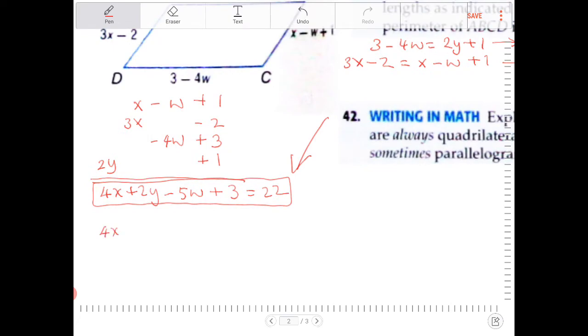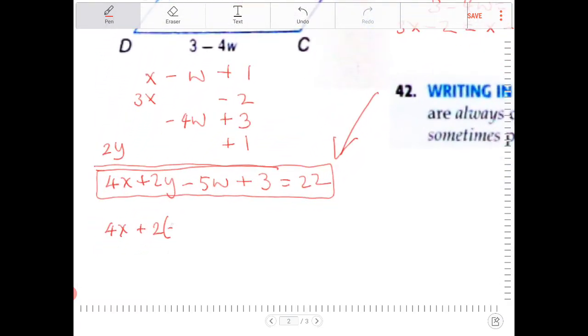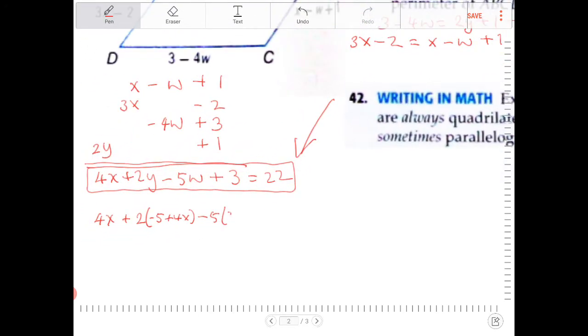I have 4x plus 2 times y, which is negative 5 plus 4x, minus 5 times w, which is 3 minus 2x, is equal to 22.